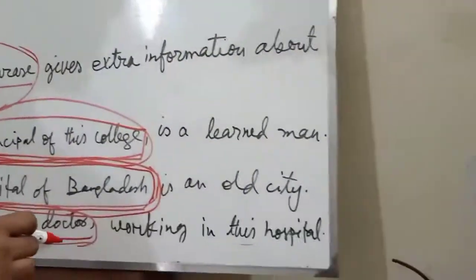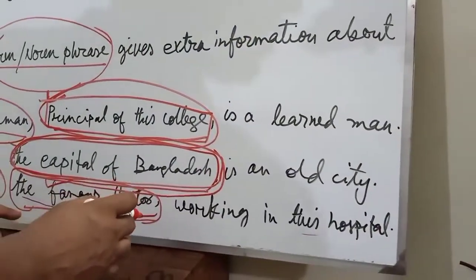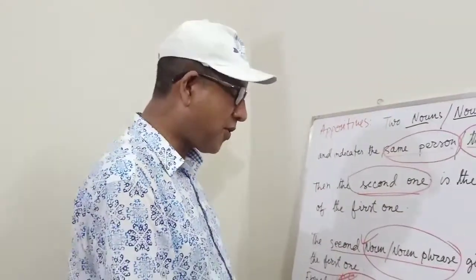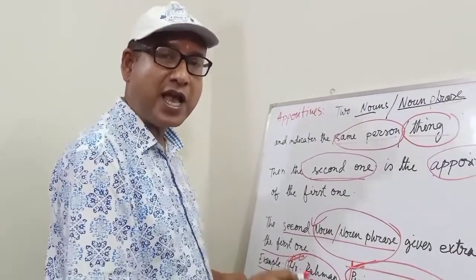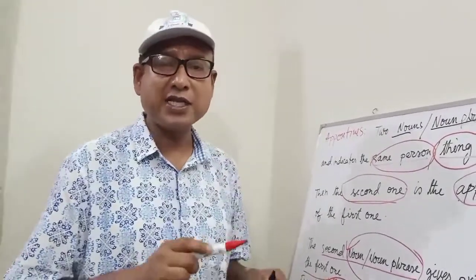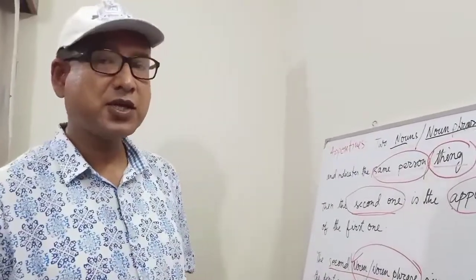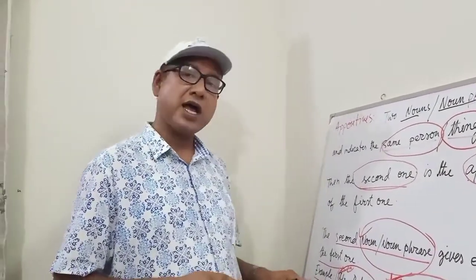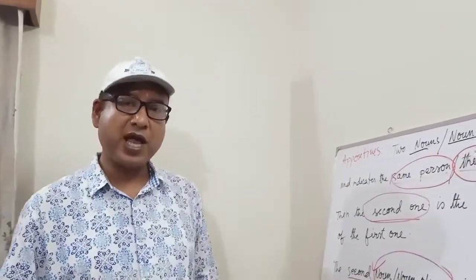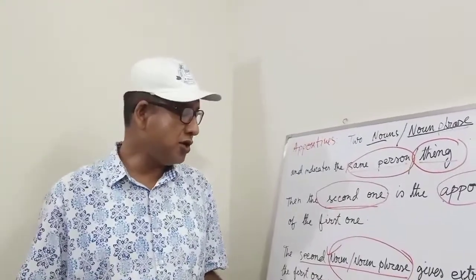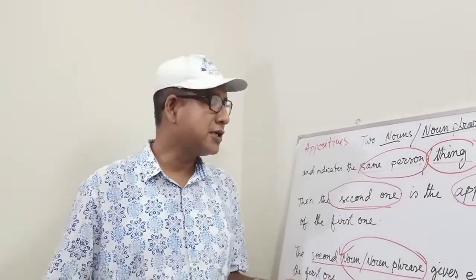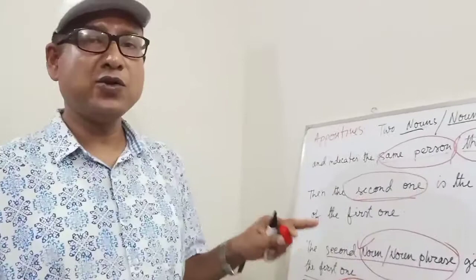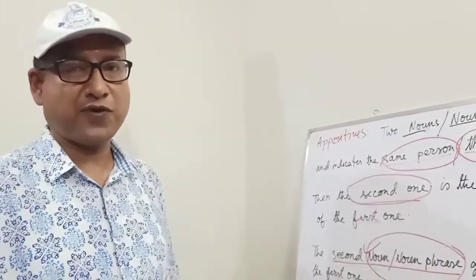This famous doctor is an appositive. This appositive is giving extra information about Mr. Ali and at the same time has been used as post modifier. Through the examples, we have clearly known that appositives are used as post modifier.